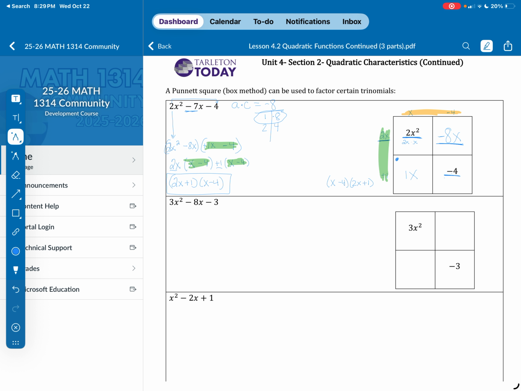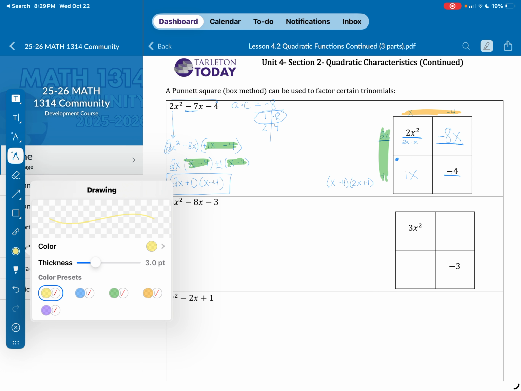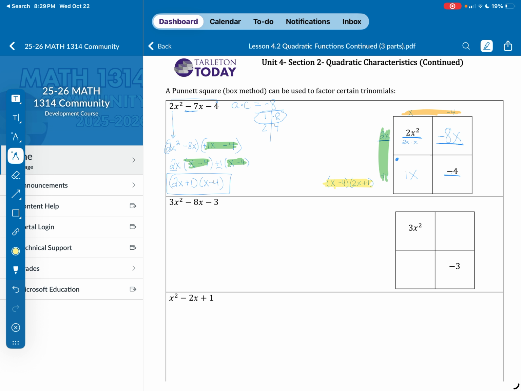Now, one thing that was asked this morning in class, which was a very good question, was does the order matter? Like, over here I have x minus 4 first and then 2x plus 1, whereas over here it's the opposite order. So as a reminder, think to yourself, when you multiply things together, it doesn't matter the order that you multiply.